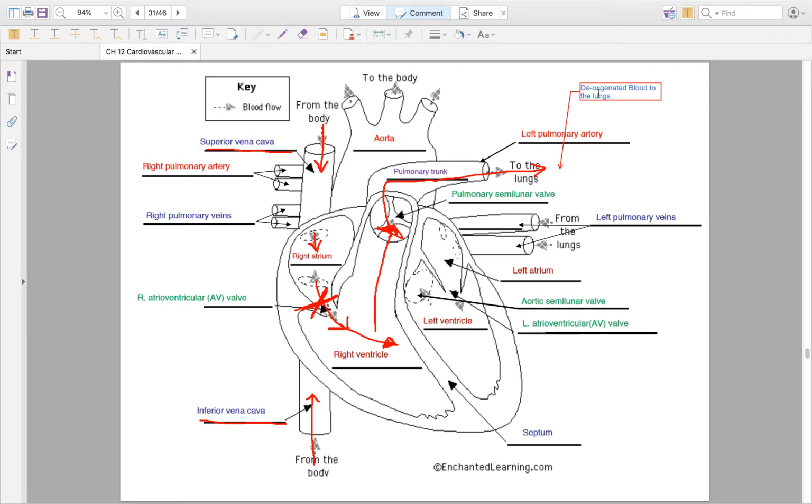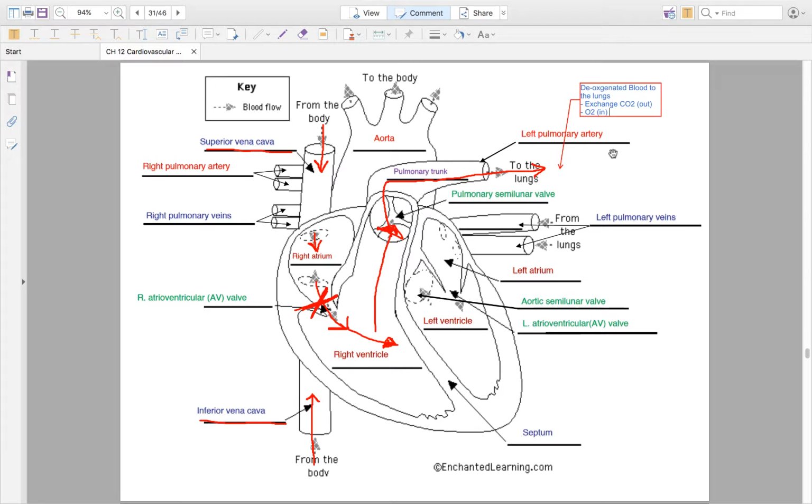Okay, and then what happens is the lungs are part of our respiratory system, and their job is to exchange gases. So they're going to exchange CO2, so CO2 is going to go out of the blood and oxygen into the blood. All of this is kind of happening off screen in the lungs, which is fine.